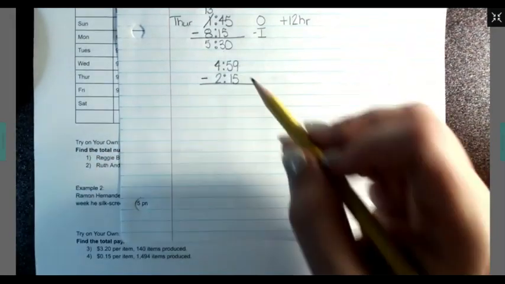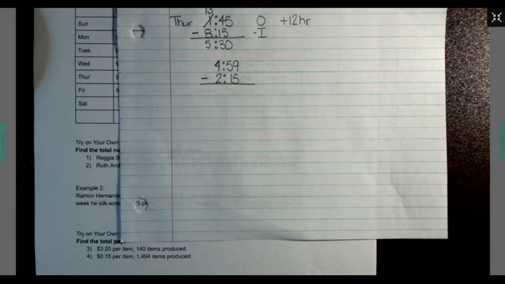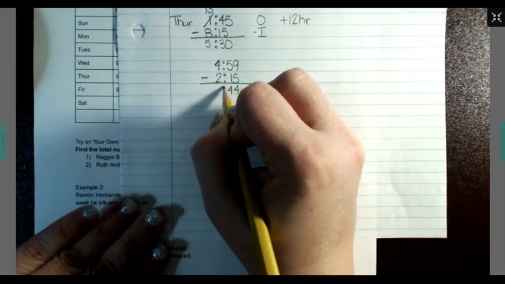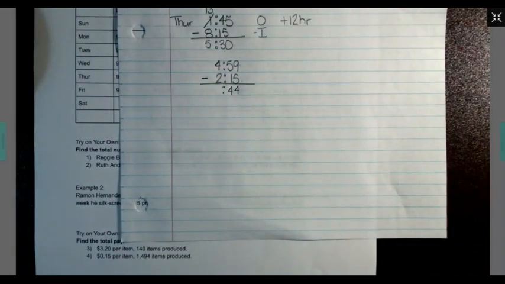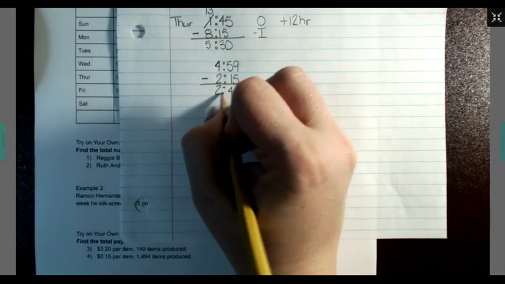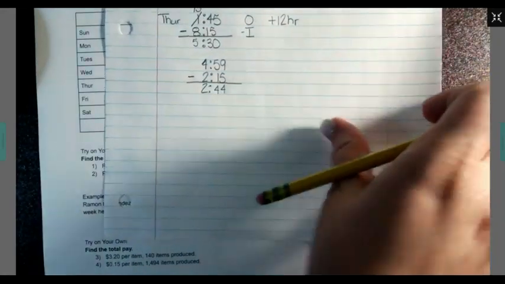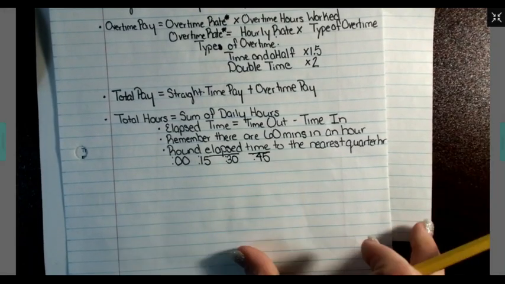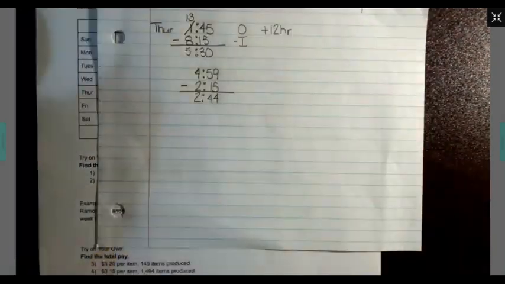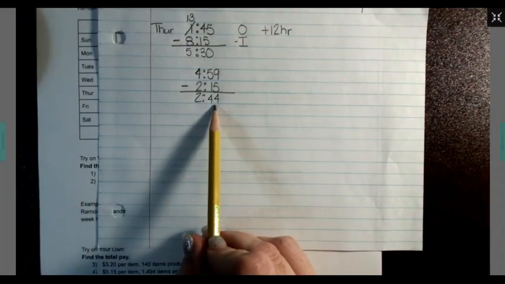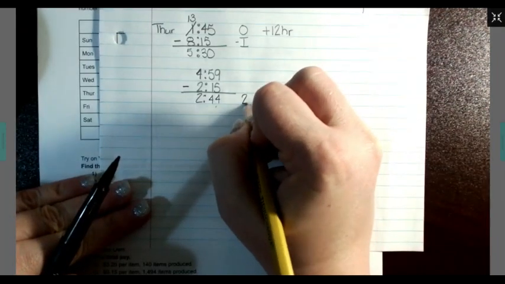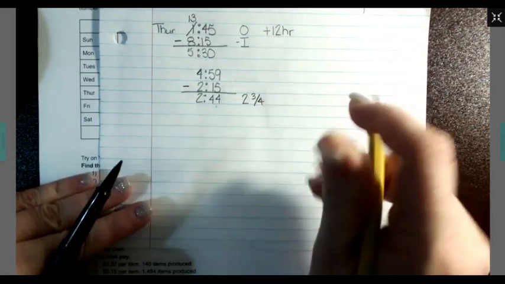What is 59 minutes minus 15 minutes? 44 minutes, right? What is 4 minus 2? 2. The nearest quarter hour, now remember my quarter hours are 0, 15, 30, 45. Which of those would be closest to 44? That's right, 45. And 45 is 3/4 of an hour. So we've got 2 3/4 here.